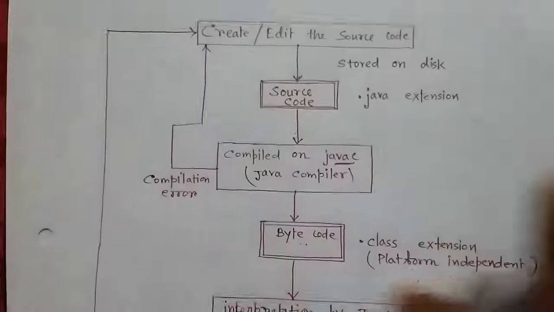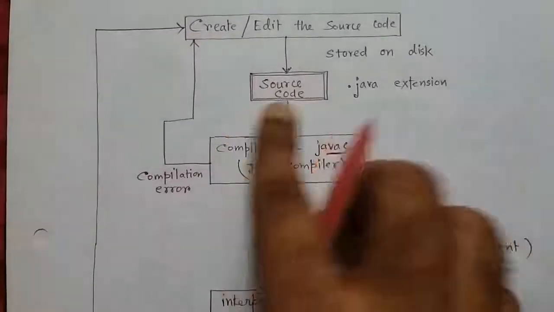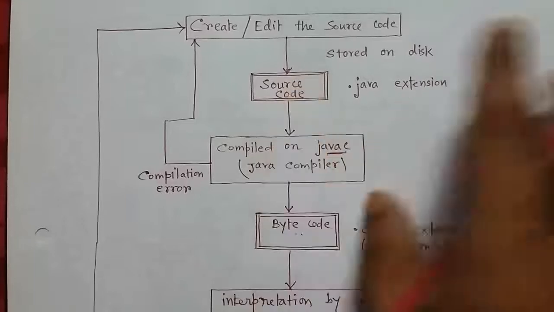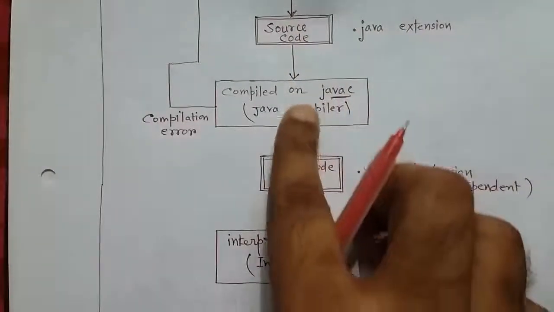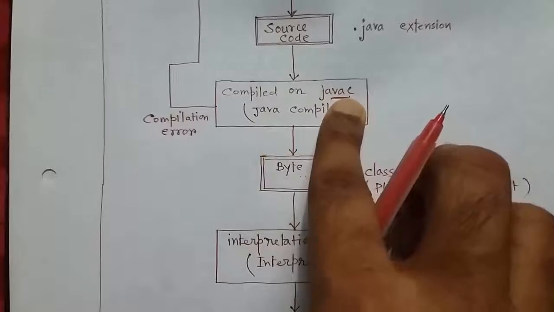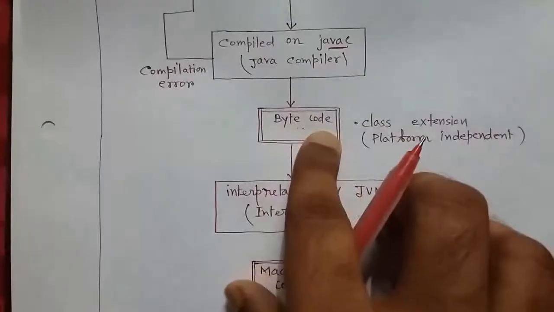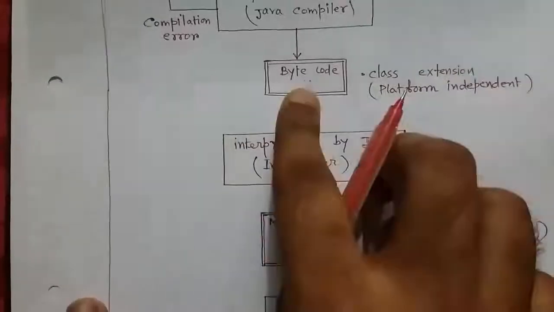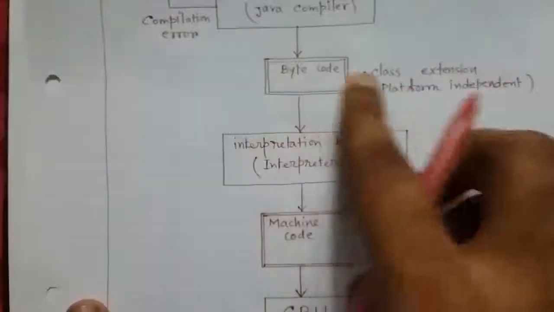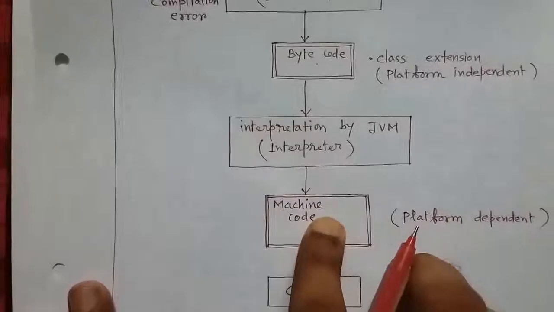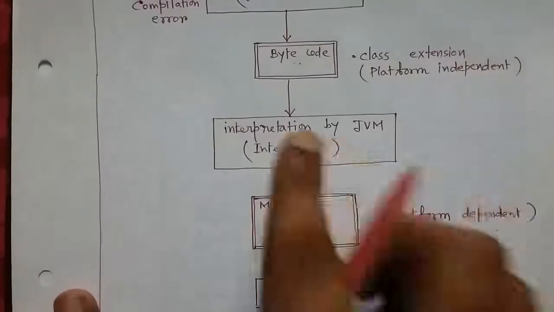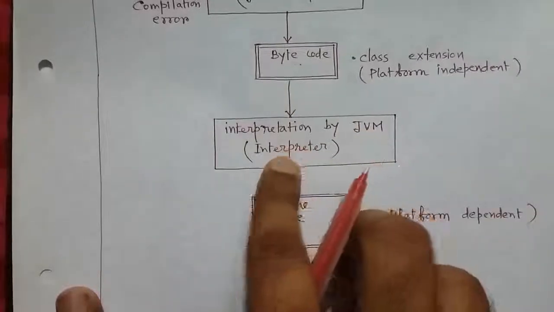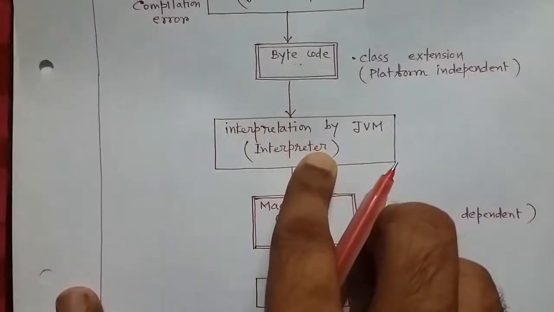So once again, remember the steps. At first the source code will be created, then it will be compiled by the javac compiler of Java, and bytecode will be generated, which is platform independent. Then the bytecode will be converted into machine code, which is platform dependent, by the JVM, which is called the Java interpreter.